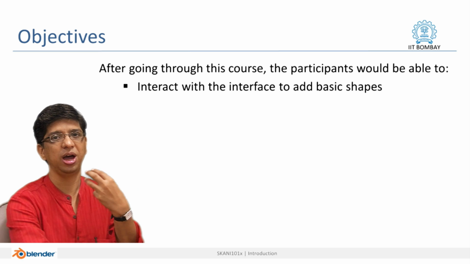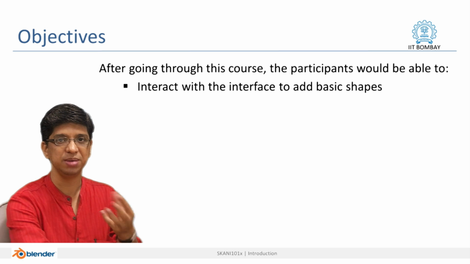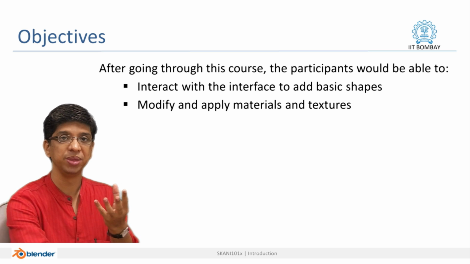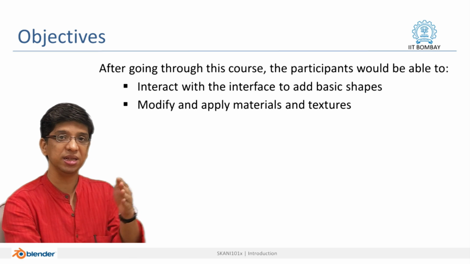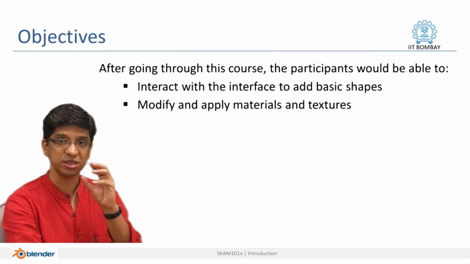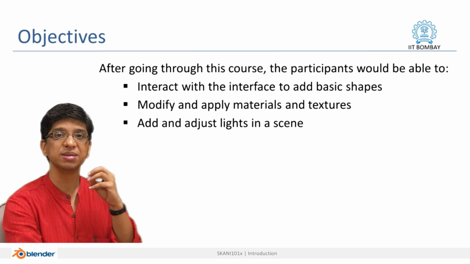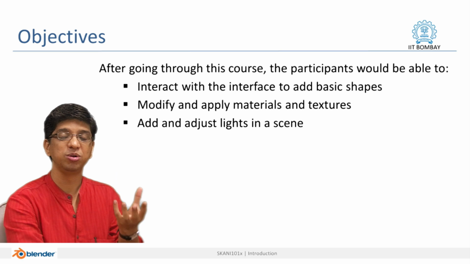You can't create complicated objects, but you can create some basic shapes. You can move them around, you can modify them. You can also do something very interesting like applying materials and textures to these objects so that they look realistic. This is possible and we will show you how. We will also show you how to add some lights so that they look very natural and the output looks almost like real.